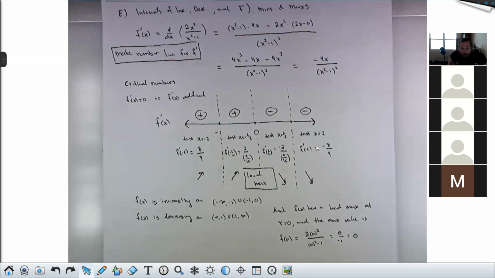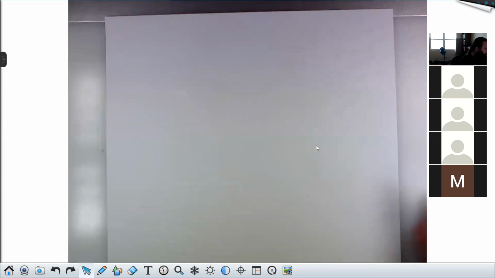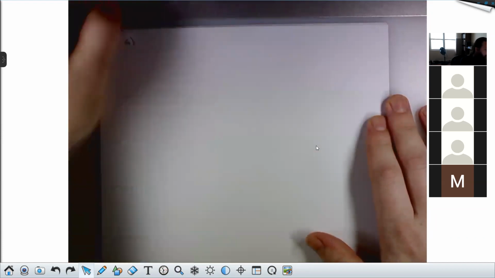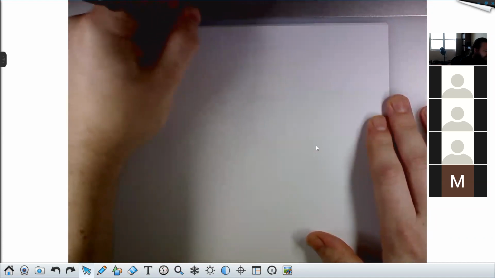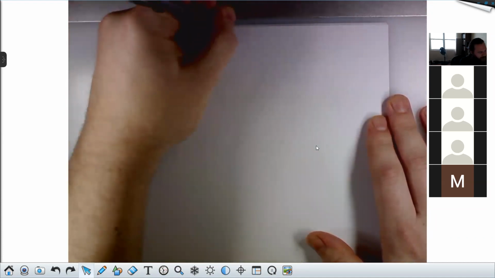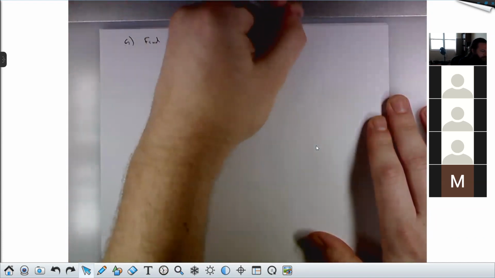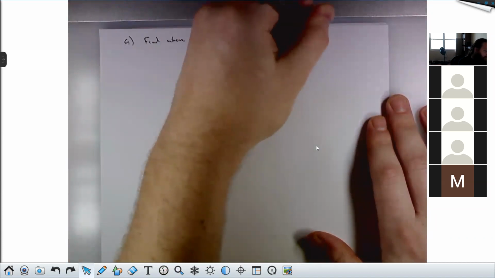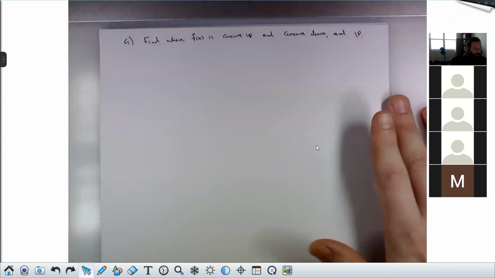What we need to do is figure out where f is concave up and where f is concave down. So our very last step here. And we're also going to find any inflection points.